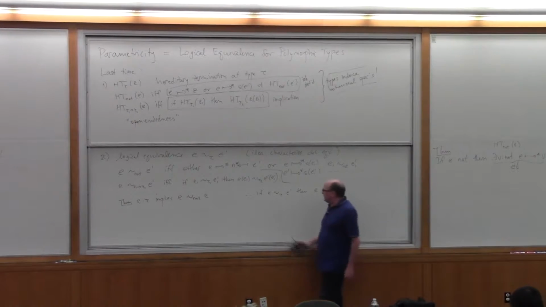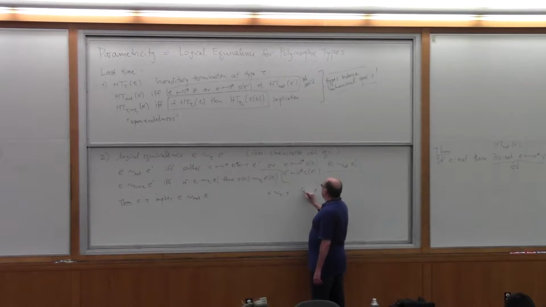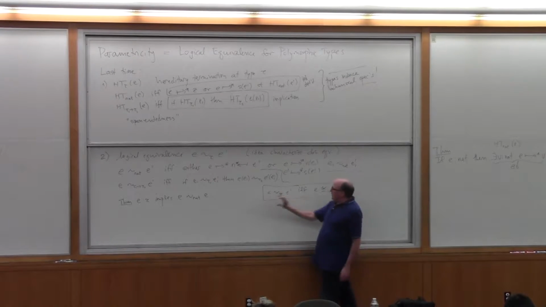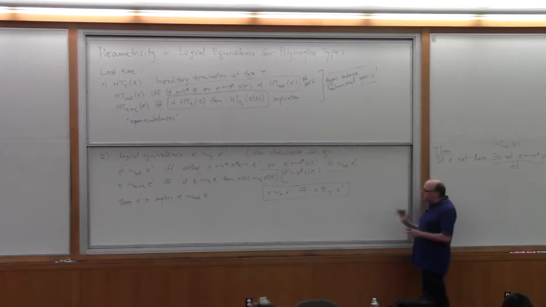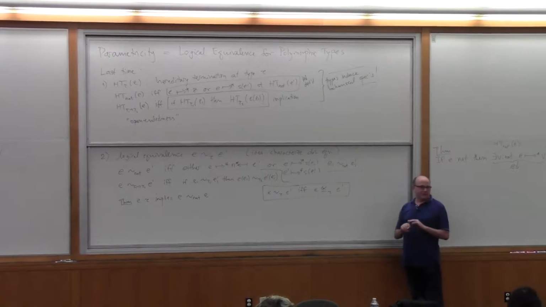We're going to get a characterization of observational equivalence via logical equivalence. That makes logical equivalence centrally important because it is the coarsest consistent congruence. It's defined in a funny way, but at the end of the day, it's the coarsest consistent congruence. There's only one, so it's the same as observational equivalence.